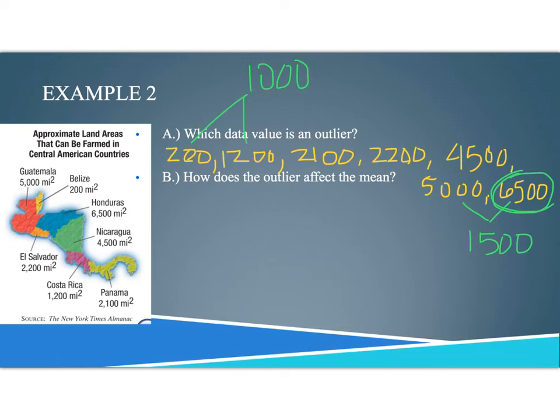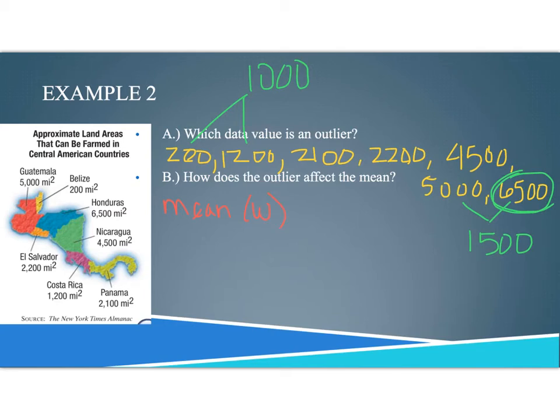Part B wants us to find out how the outlier affects the mean. So to do this, we're going to look at the mean with the outlier. I'm going to put W for with.